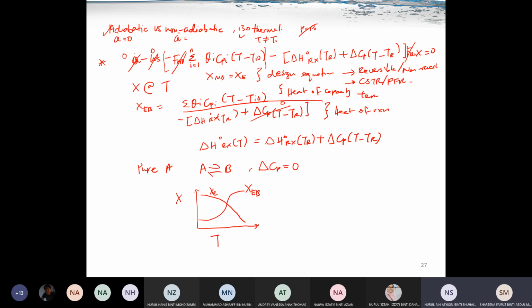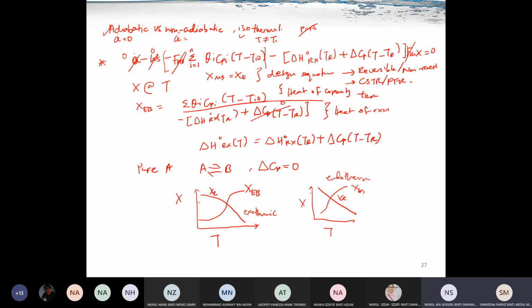For exothermic, the X E will look like this, going downward. And for endothermic, usually it goes almost straight. So this is X. There will be one more, which is X EB.